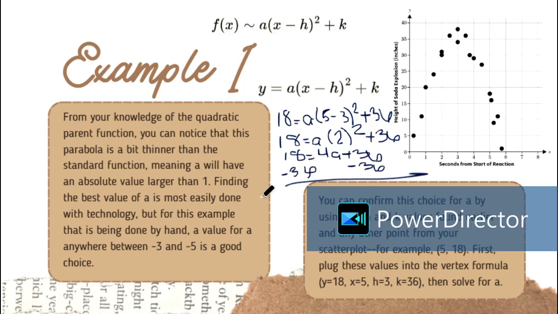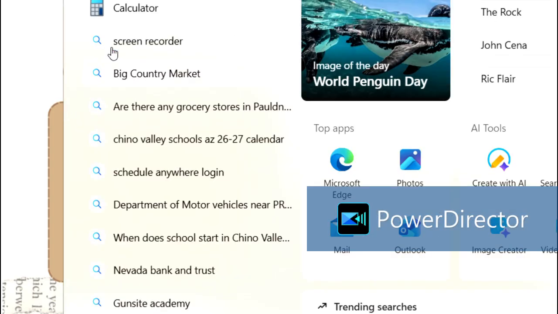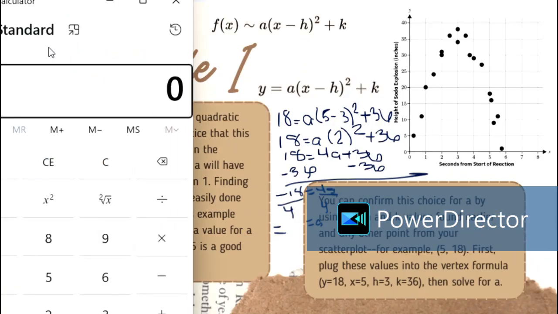That gives us -18 equals 4a. Divide both sides by 4. That gives us a is equal to negative something. Let's get a calculator. 18 divided by 4, -4.5.